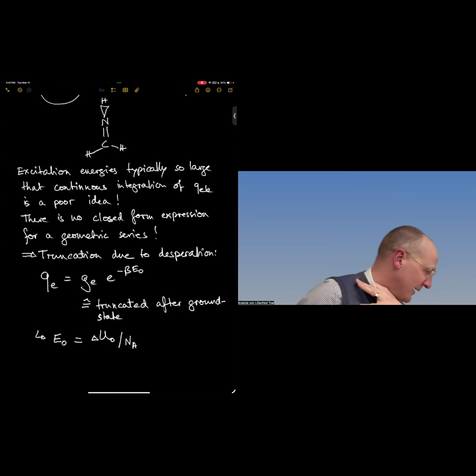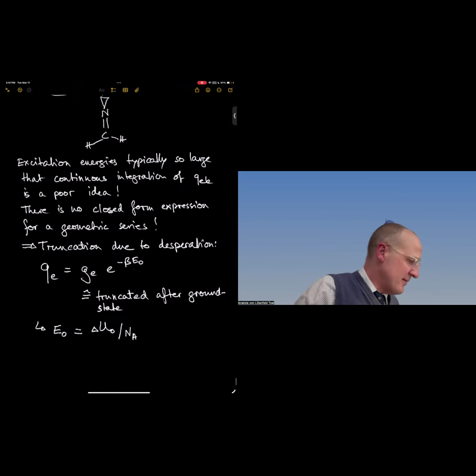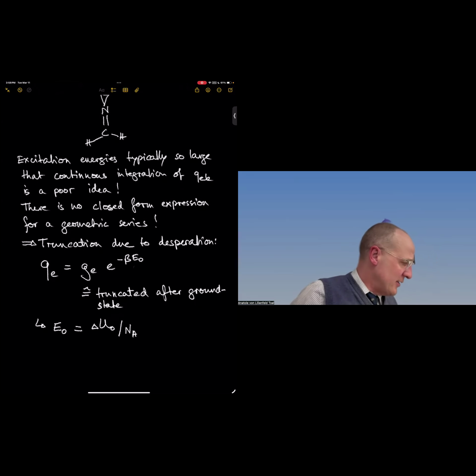So for one particle, right? So this could be a good way to deal with this. And I should also note an F here. One can obtain it from the formation energy.